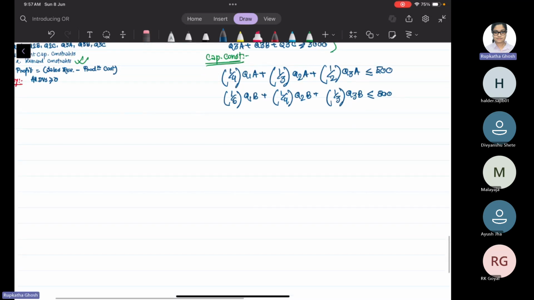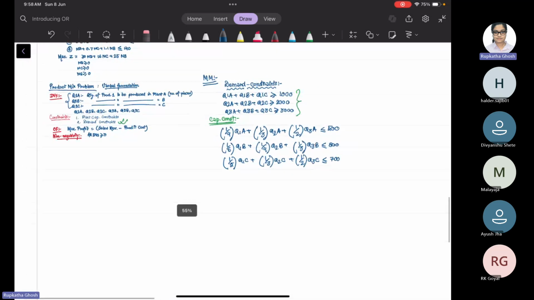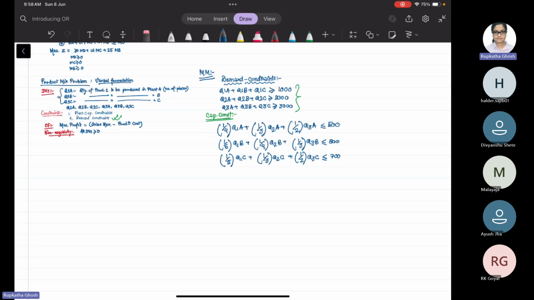And the same thing for plant C, oh sorry, this should be 700, I guess. Okay, so now I have written down my demand constraints and capacity constraints both.